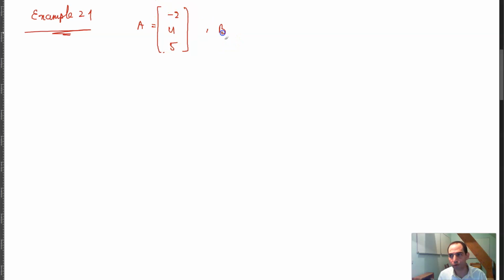And B is a matrix of 1, 3, and -6. So you have these two matrices, and you want to verify that AB whole prime is the same thing as B prime times A prime.